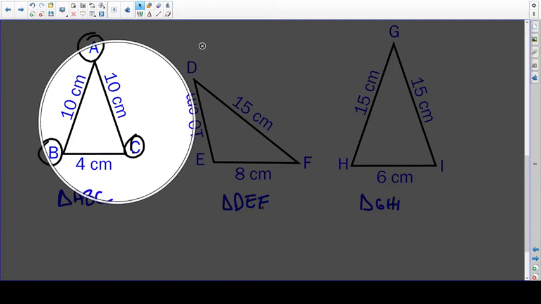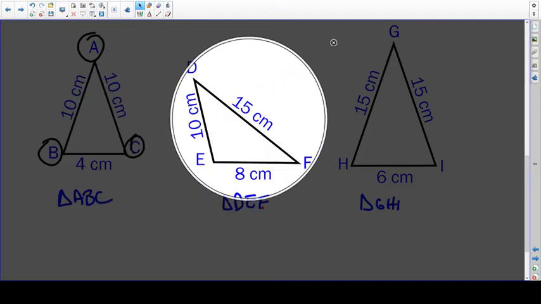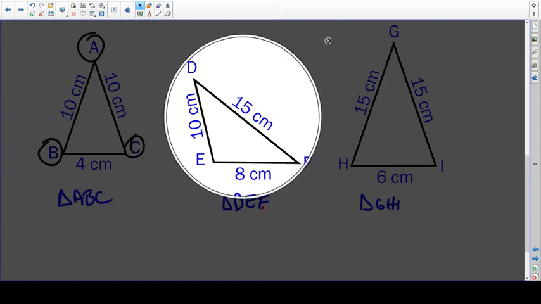If we shift the focus to triangle DEF, we see a triangle where the sides don't meet in the middle, and the 2 sides going up are not the same. So, because of that, this triangle would not be similar to ABC.